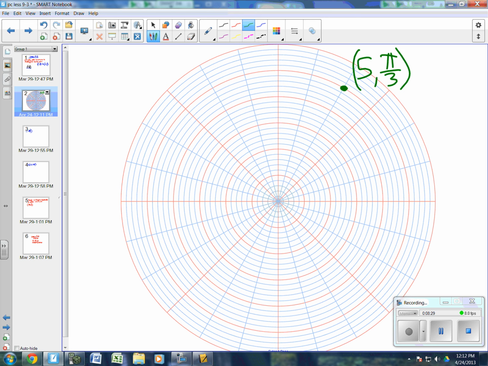Now, we got that point by going out along this line right there, okay? And we turned that angle. This is theta, right? And by going out a distance, 1, 2, 3, 4, 5. That's how we got it, right? Now, to get a coordinate in rectangular coordinates, how would we do it?